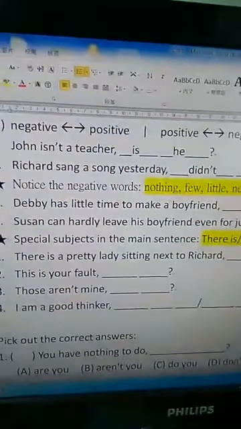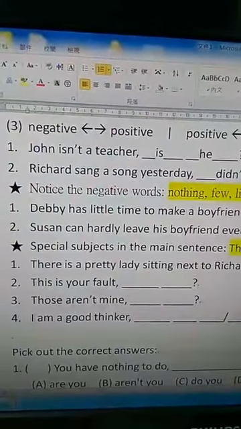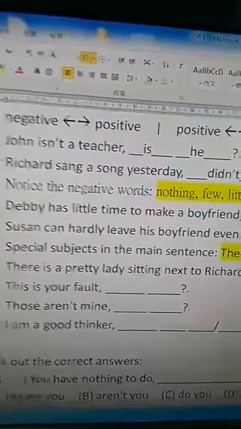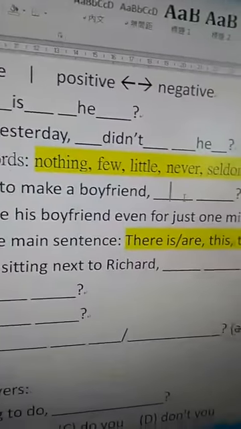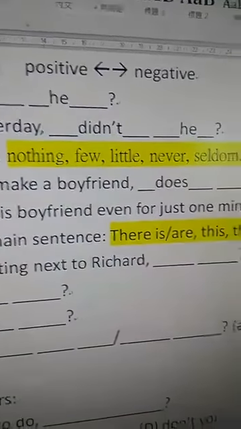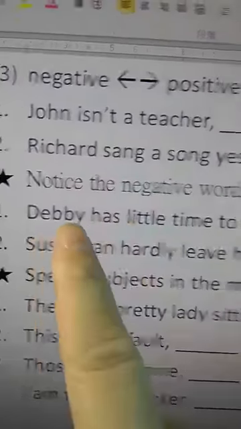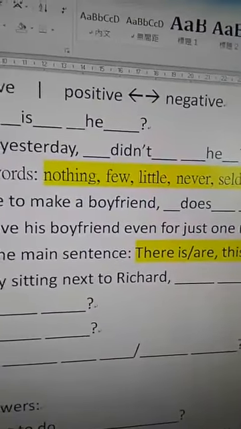So we should use does, right? So let me write does here, okay? Does. And how about the pronoun? Yeah, Debbie is a girl. The pronoun should be she. So does she?